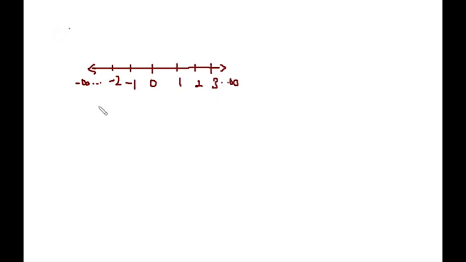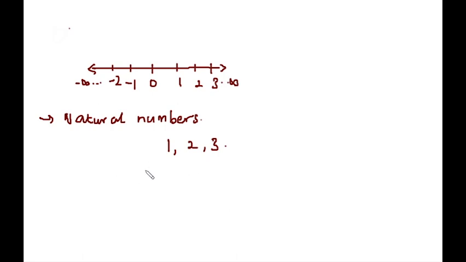So when you're talking about different classes of numbers, one of the first classes that might come to your mind is natural numbers. So natural numbers are simply positive whole numbers. So something like, say, 1 or 2 or 3 is a natural number.